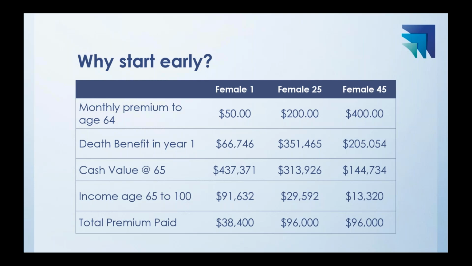And here's the best part. Her income from 65 to 100, tax-free annual income, $91,632. That's a pretty good income for somebody to live off of, especially considering it's tax-free. And the beauty of this, because they started early and because the child had such low cost of insurance, they only had to put $50 a month premium in.